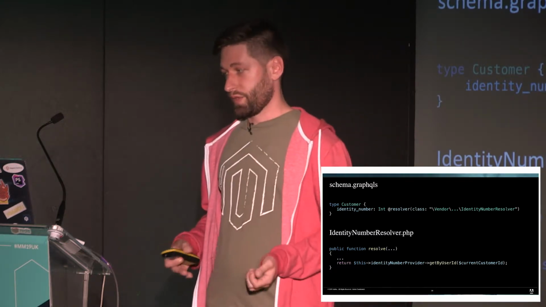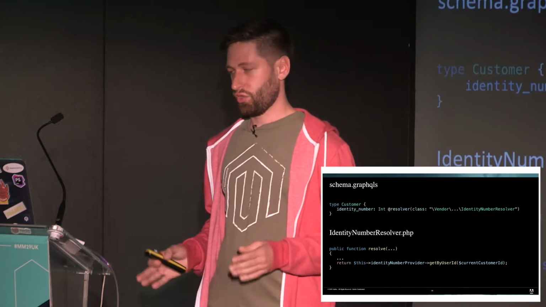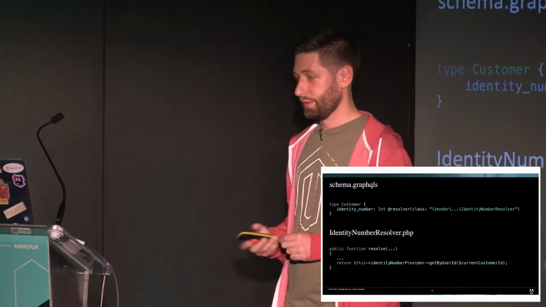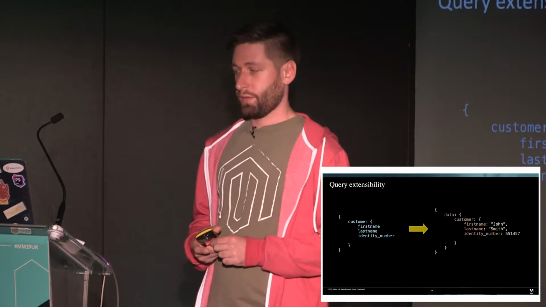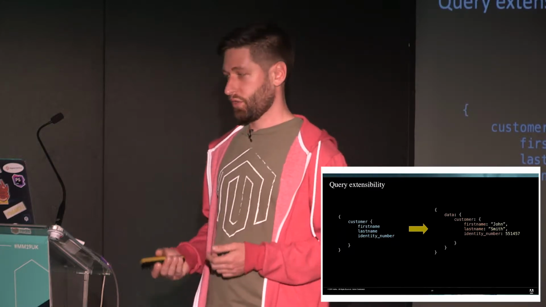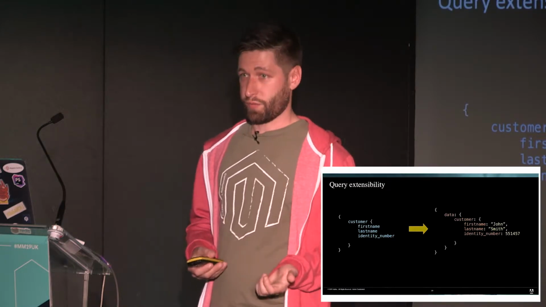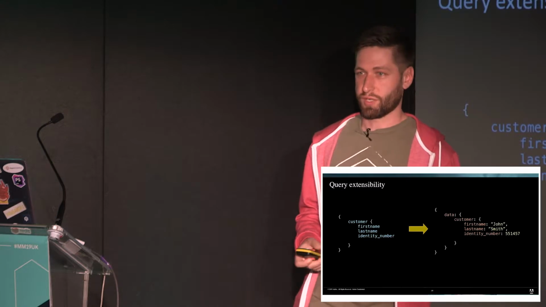The resolver for this field can have any logic you need to retrieve the required information. And after implementing those two files, you can request the new field from the front end. It will be added to the Magento customer entity.